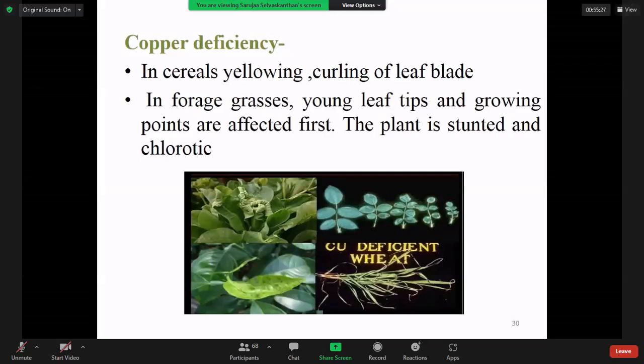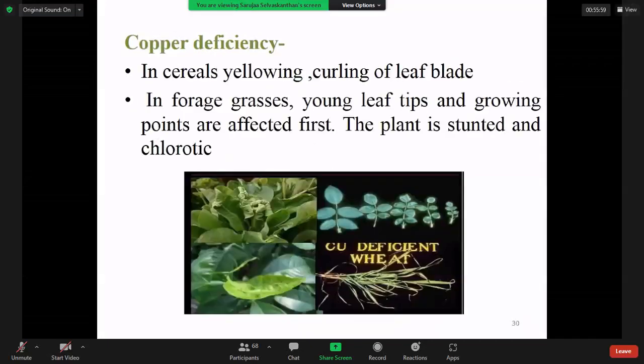Poor grain quality and poor tillering also occur. In forage grasses, young shoot tips and growing points are affected first. Then the plant is stunted or chlorotic, showing stunted growth.